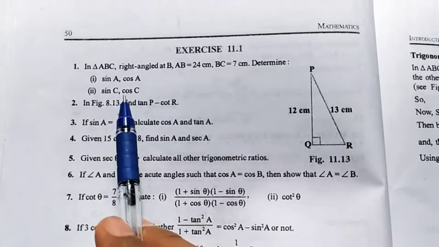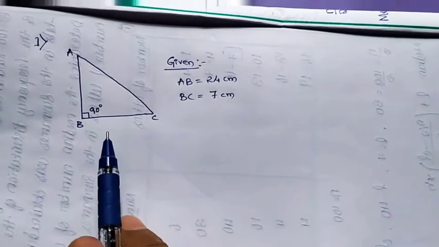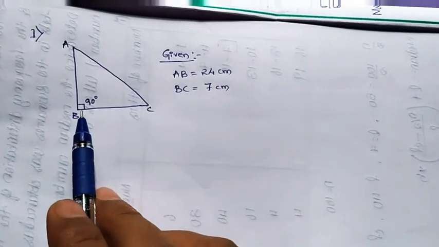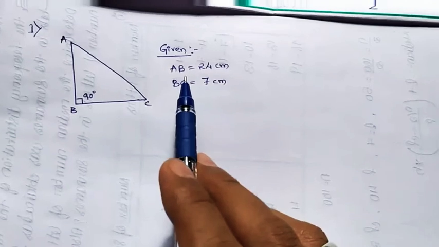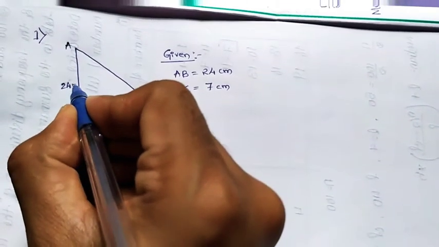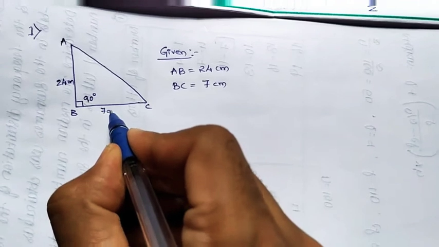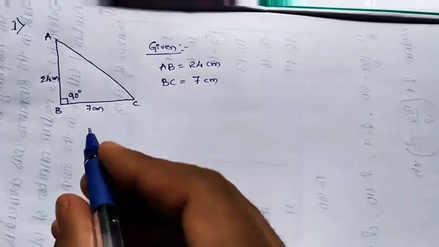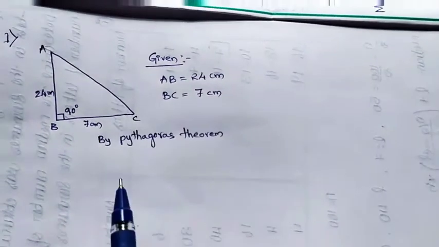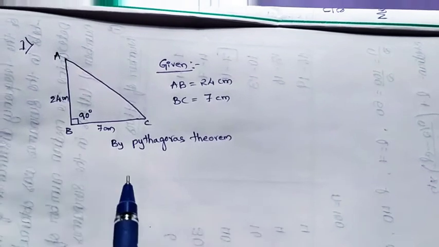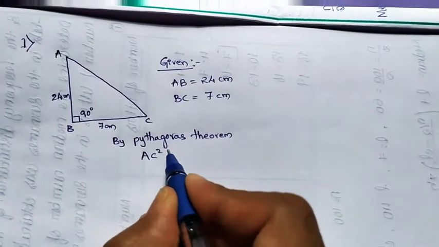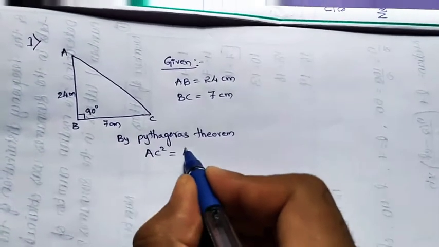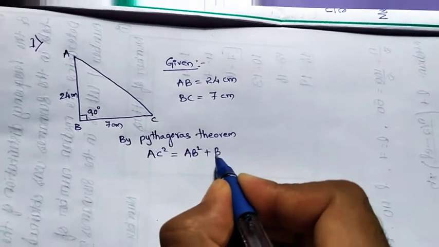Okay, so let's find out this one. Draw one neat diagram of triangle ABC, where angle B is 90 degrees, AB is 24 centimeter, and BC is 7 centimeter. Now we need the hypotenuse, that is AC. By applying the Pythagoras theorem, the square of the hypotenuse, AC square, is equal to the sum of the squares of the other two sides, AB square plus BC square.